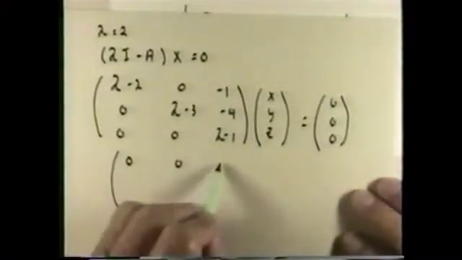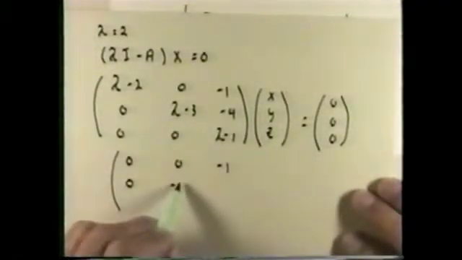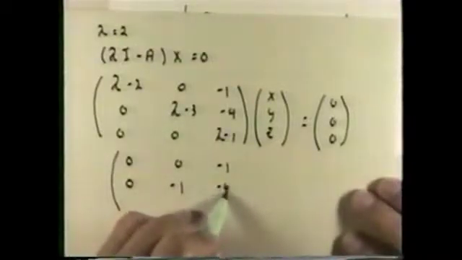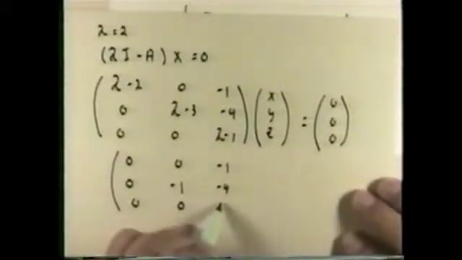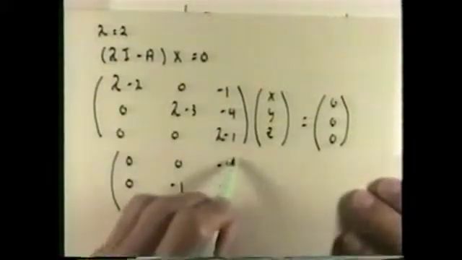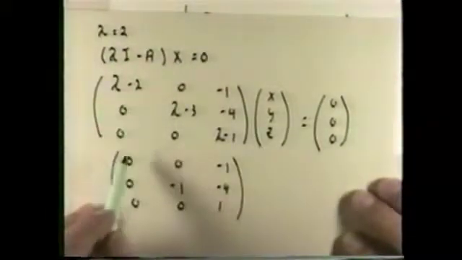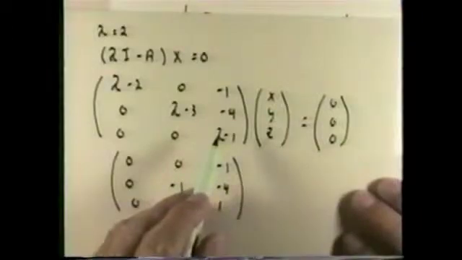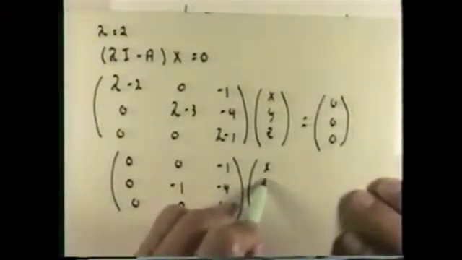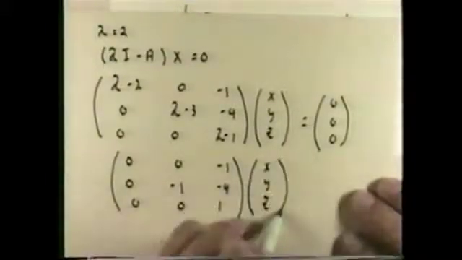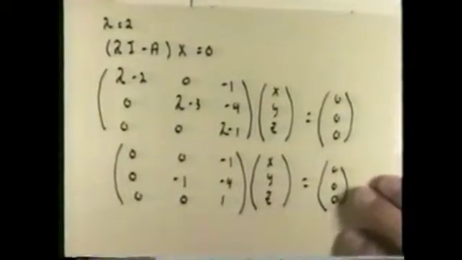That would be 0, negative 1, 0. 2 minus 3 is negative 1, and negative 4, 0, 0. 2 minus 1 is 1. So 2 minus 2 is 0, 2 minus 3 is negative 1, 2 minus 1 is 1, times x, y, z is equal to the 0 column matrix.